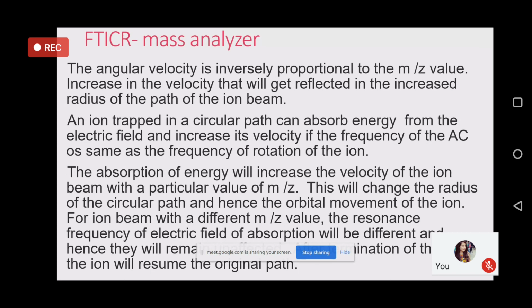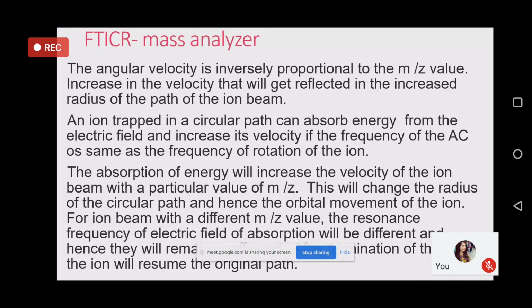Now, why this? Because the angular velocity will depend on m by z. Therefore, this particular matching of the frequency of rotation and the frequency of the alternating current will be possible for only one set of ions with a particular value of m by z. I repeat again, the matching of two frequencies is there, the frequency of rotation of the ion and the frequency of the alternating current electric field which is applied.